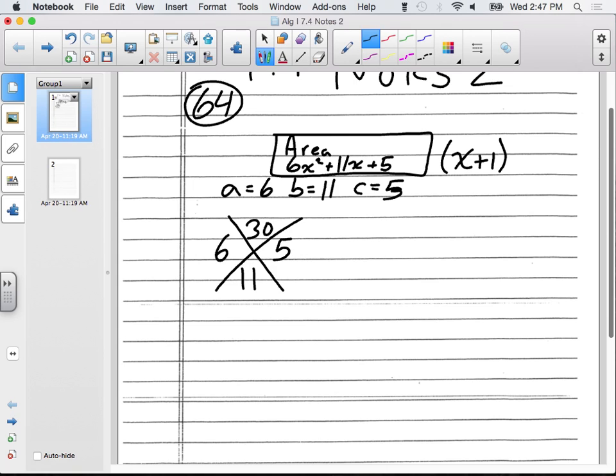Now, once we're here, we can just do what we've done before with factoring by grouping. A is not 1, so we're going to be factoring by grouping like I just said. So we rewrite our trinomial as a 4-term polynomial. So it goes 6x squared plus 6x plus 5x plus 5.